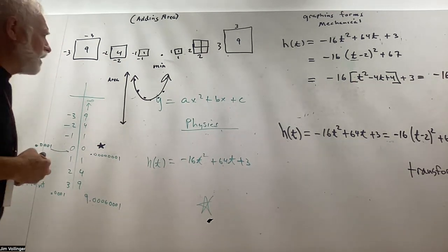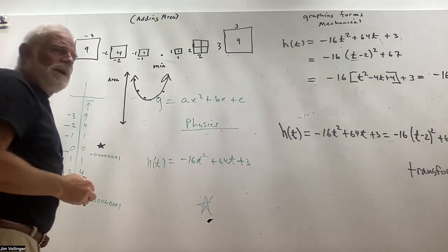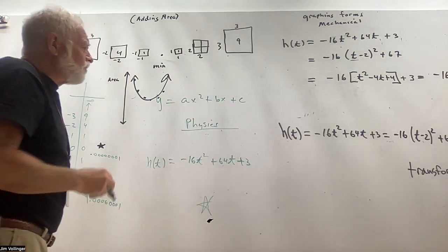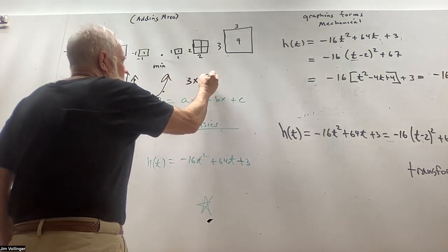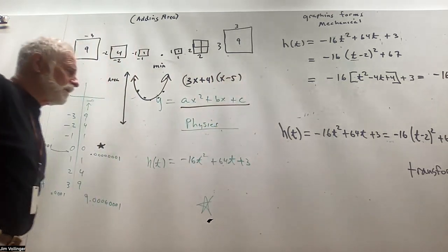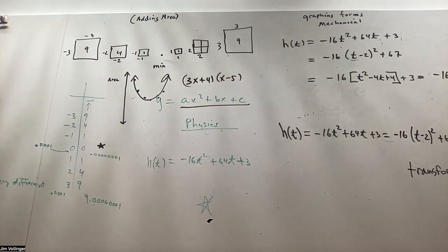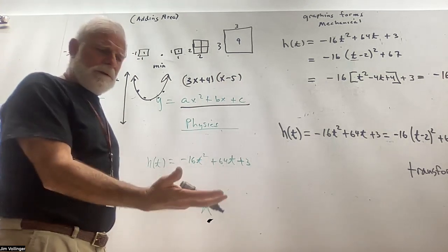Okay, and quadratics are generally written in the ax squared plus bx plus c form. That's capturing the multiplication of the FOILing process, 3x plus 4 times x minus 5. You do that out, you get one of those. But we did a month or so ago look at a little physical situation where I took a ball, held it in my hand.